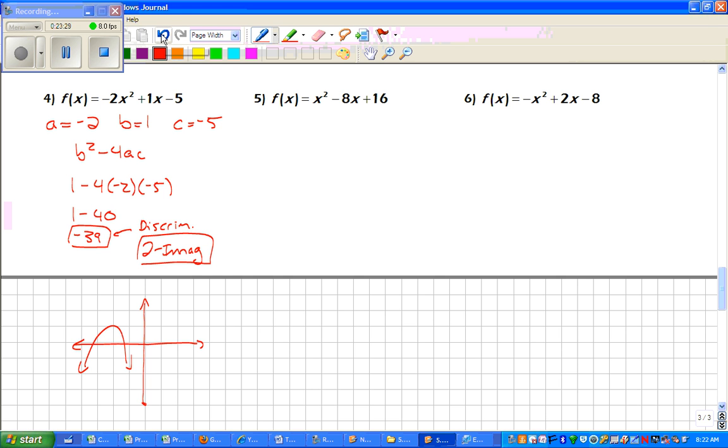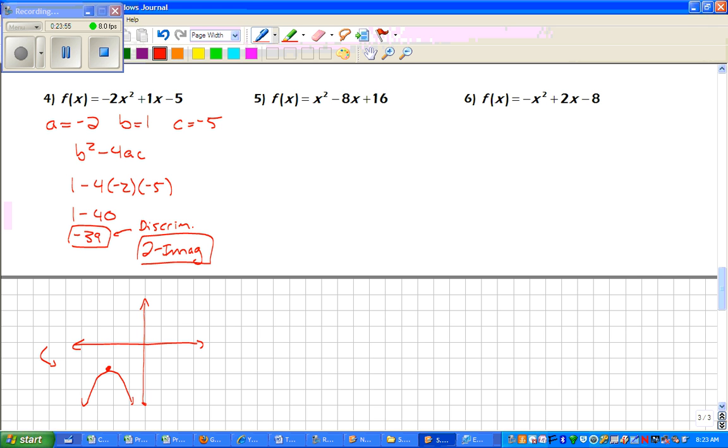Is that the case that I have here? No. So what does that mean about the location of the vertex? That vertex has to be below the x-axis. It's got to be below because when it opens down, it's not allowed to touch the x-axis. You guys understand that? So it'll actually tell you where the vertex is located. Is it above the x-axis or is it below the x-axis?